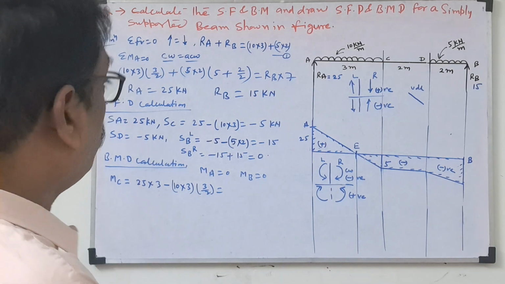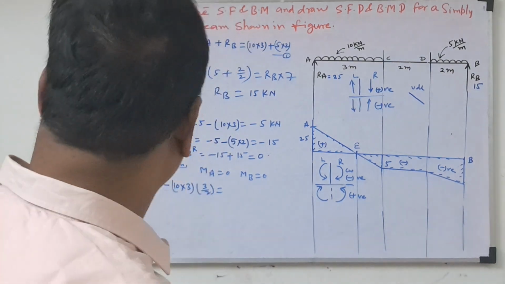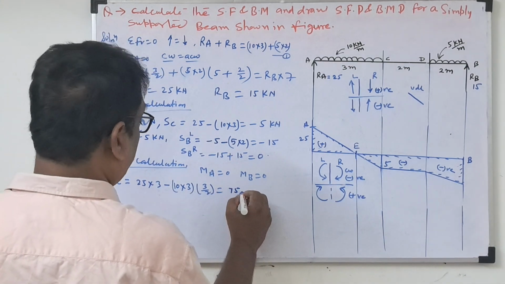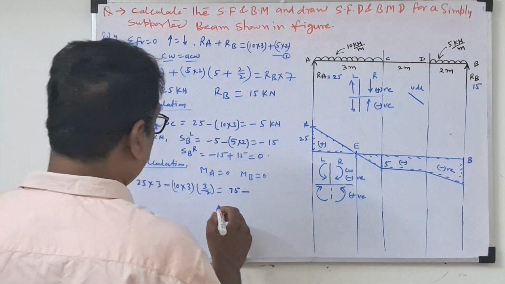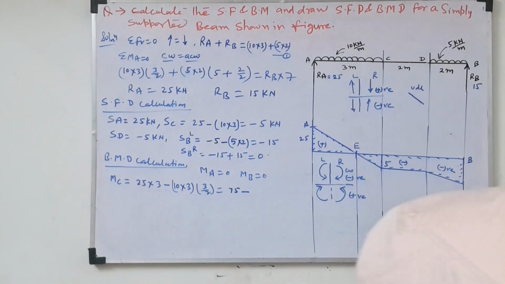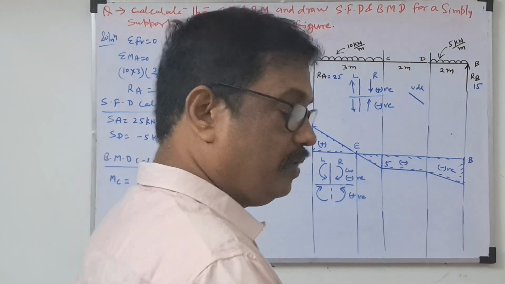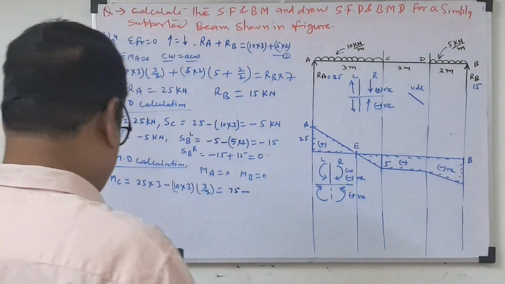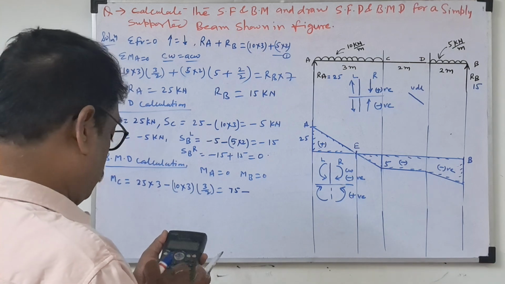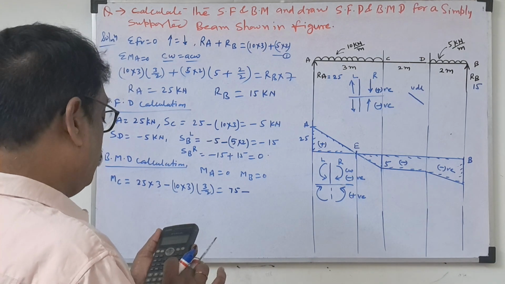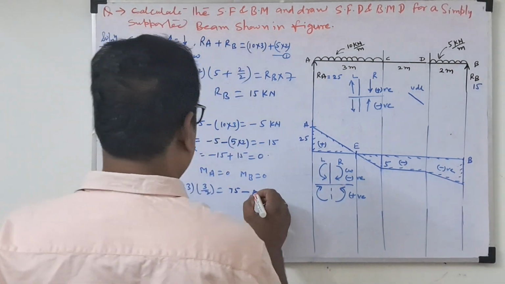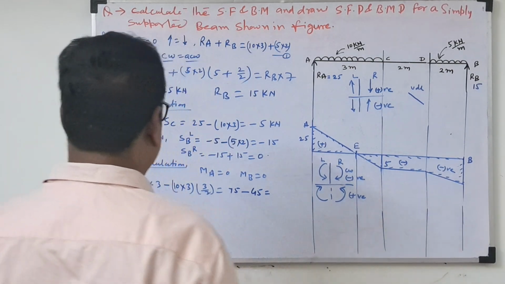Okay, MC is calculated. Now we'll calculate this value. How much? 75 minus 10 into 3 into 1.5. 10 into 3 into 1.5 is coming 45.